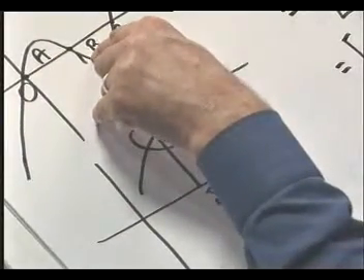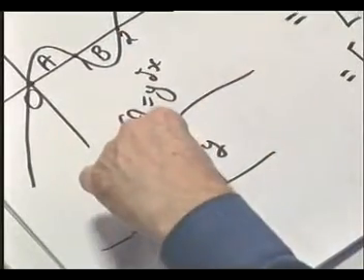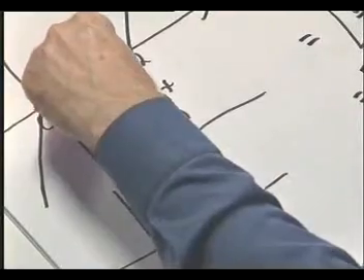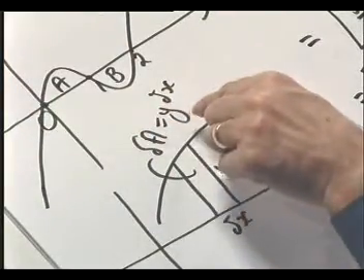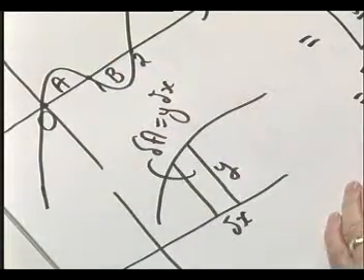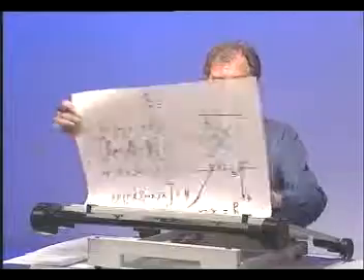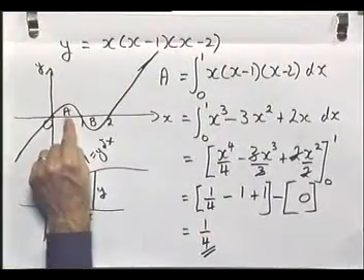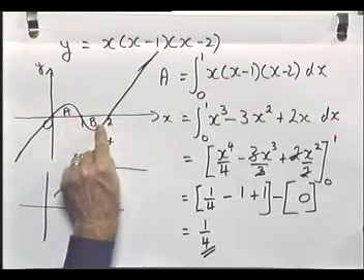But for B, these y values are actually below the x-axis. And so this area, in a sense, is a negative area because the y's are negative. Hence, our answer is minus a quarter. But the question said, what is the area? And clearly, physically, there are two blocks of area.